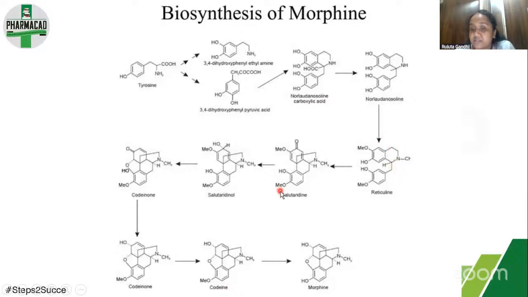From it you can obtain a variety of other structures, like morphine, codeine, and codeinone. So morphine alkaloids can be obtained from reticuline, and this is considered a key intermediate.